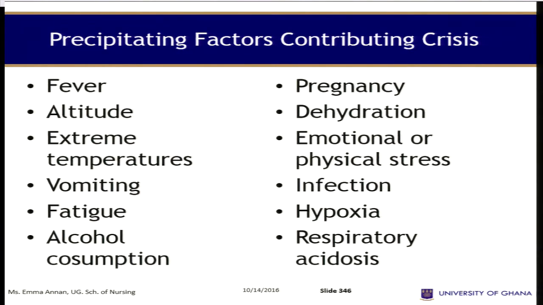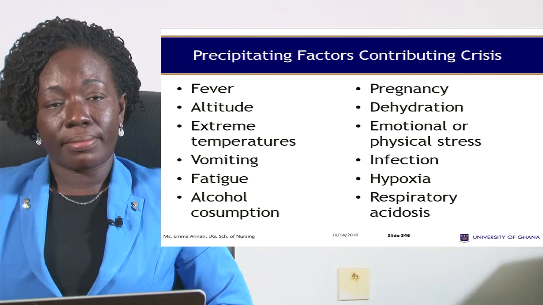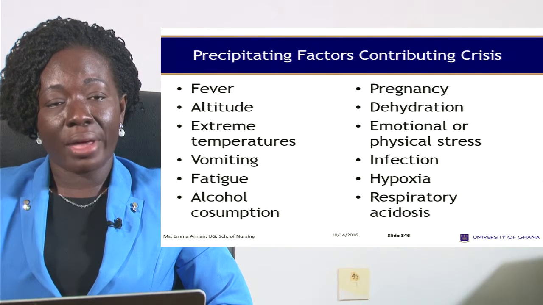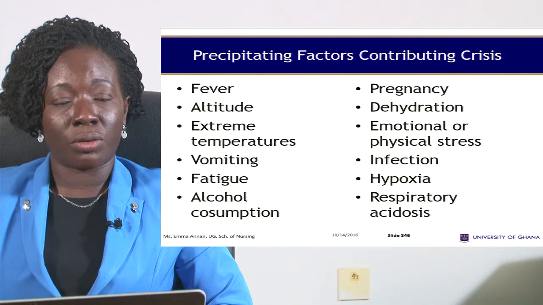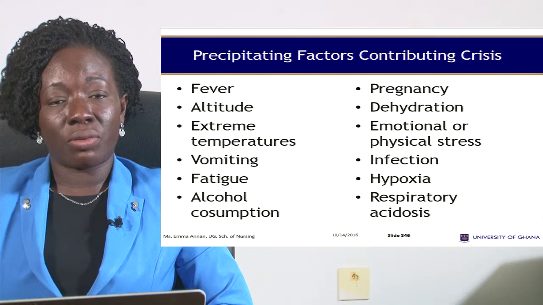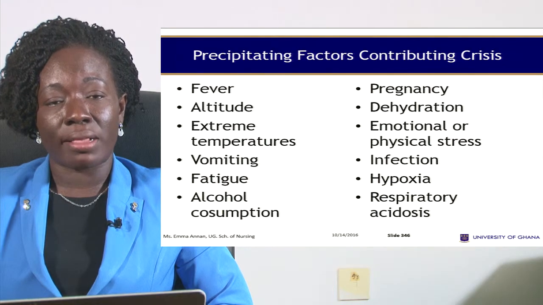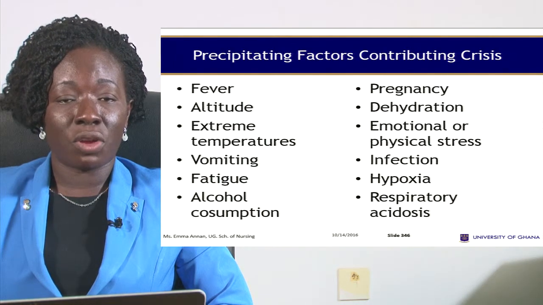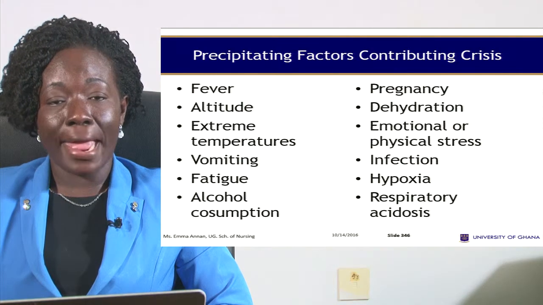Let's look at precipitating factors contributing to crisis. They get crisis with fever, altitude, extreme temperatures, vomiting, fatigue, alcohol consumption, pregnancy. Somebody will ask, why pregnancy? We are talking about children, but we know that children around 13, 14, 15 years are also getting pregnant, and according to WHO, a child is someone below the age of 18 years.